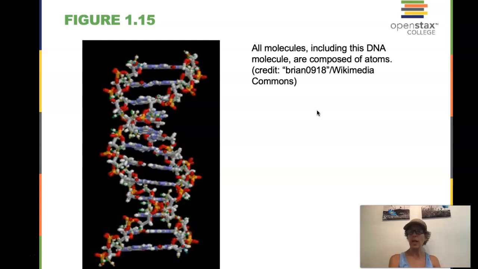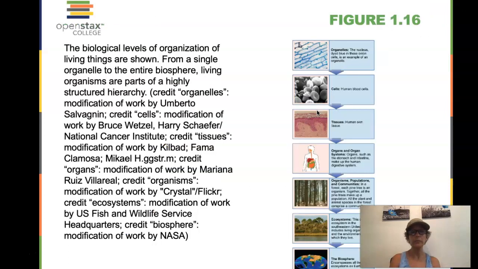DNA is an organic molecule, and in terms of a biochemistry class, organic means that it is carbon-based and that it is made by living things. So DNA has a backbone of carbon atoms, and the atoms that are attached to that are hydrogens, oxygens, nitrogens, and phosphorus. And they join in a very particular order to create this very organized, very large molecule.